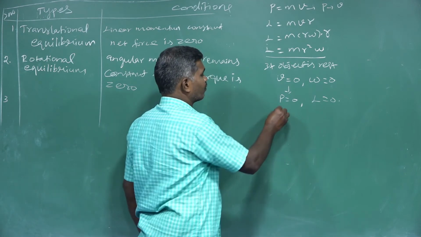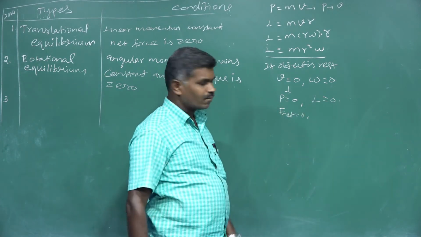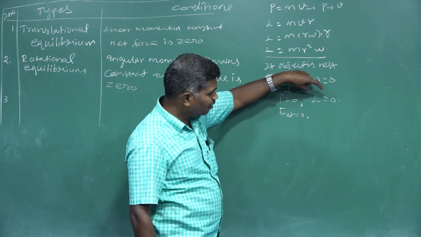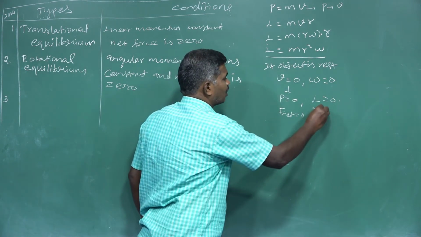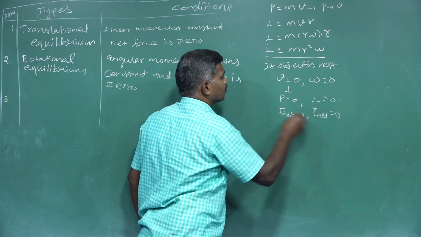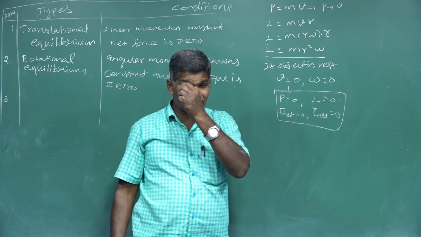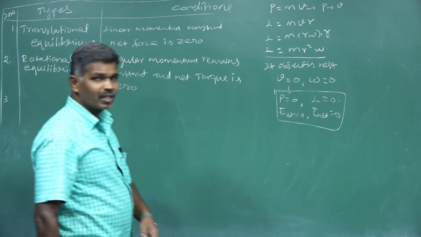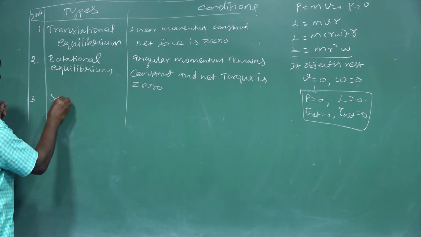That's why net force is 0 for linear momentum, and since angular momentum is 0, the net torque is also 0. So these four conditions exist for static equilibrium.